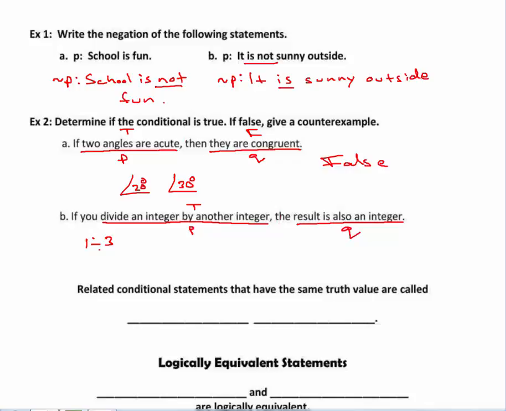Sometimes conditional statements don't have the word then written, but you understand that it's if this happens, then this happens. So the result is also an integer. Well, 1 divided by 3 equals 1 over 3, which is definitely not an integer. So that's false. Our hypothesis was true, our conclusion was false. That makes that a false conditional. And our counterexample, again, is right here.